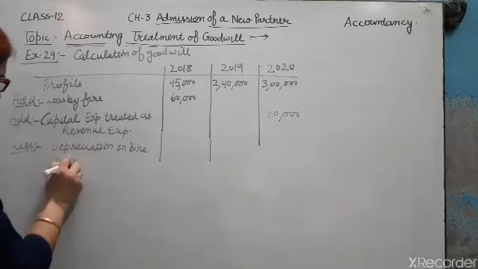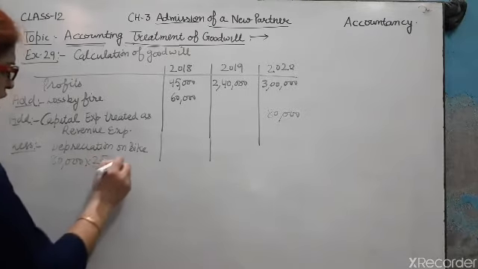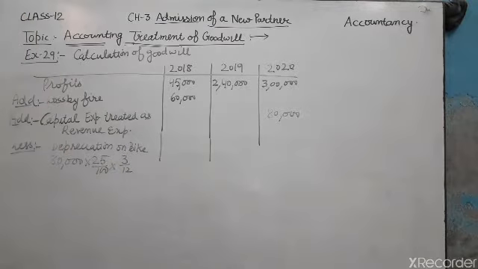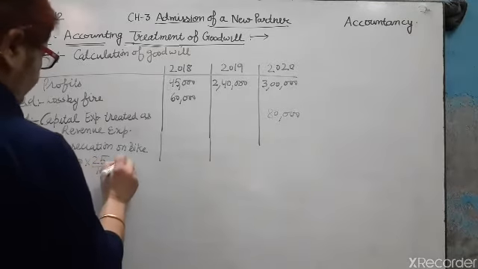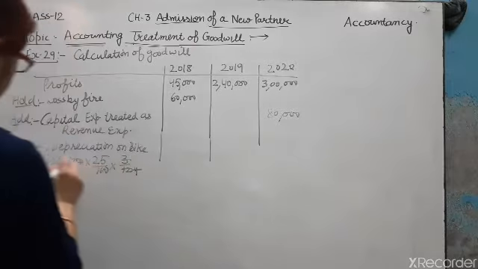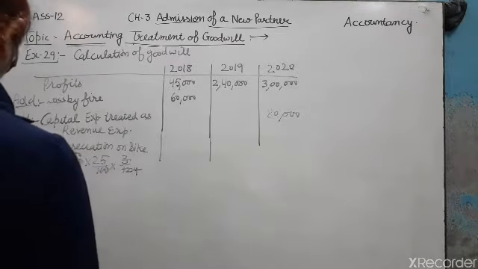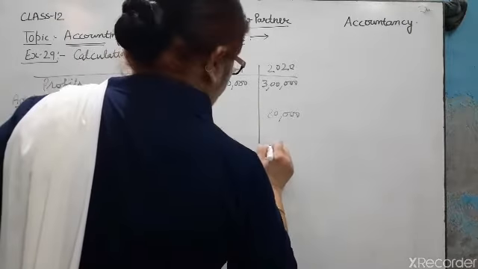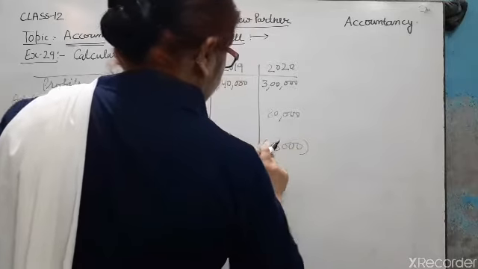Value is 80,000, multiplied by 25/100 into 3/12, because the bike is purchased on only 1st January and there are only 3 months left. So rupees 5,000 is deducted from the 2020 profit because it is a loss.